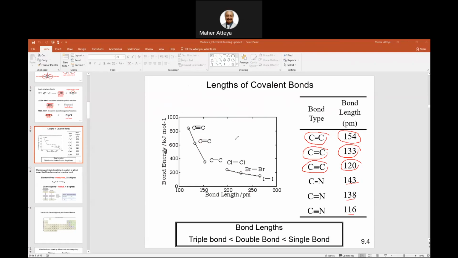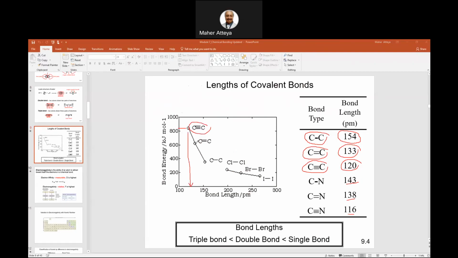And if you look at the energies here, the triple bond here, correct? How much do you need? Here the bond length is 120. But look at the energy, where is it? It's here. Can you see the energy here?